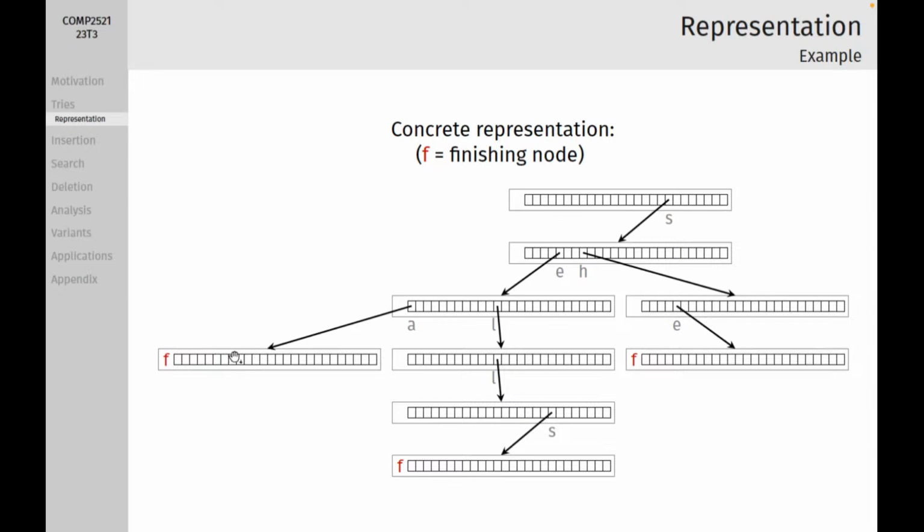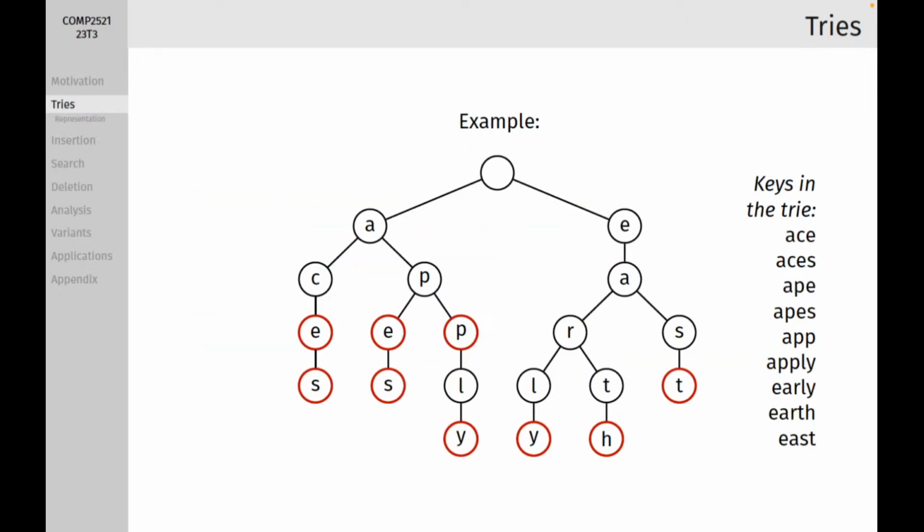And if you try to add the plural, seas, then we would go over to this node and add another child corresponding to the letter S. So a finishing node doesn't necessarily mean that it's a leaf node. A finishing node could have other children, like in this example here.